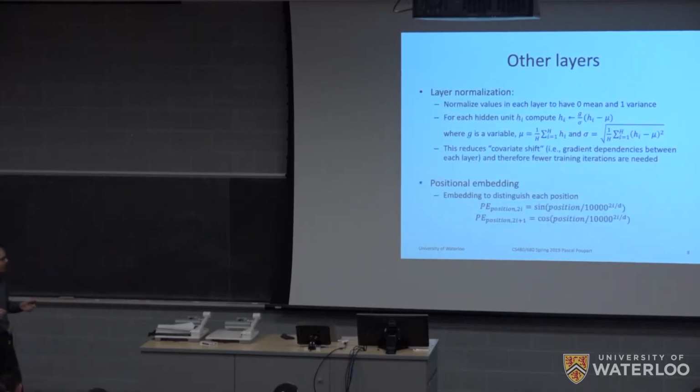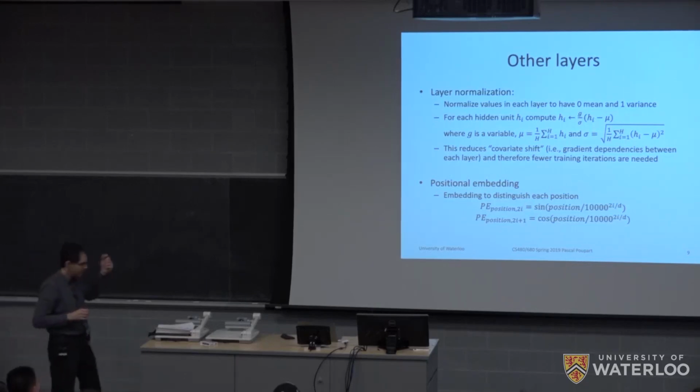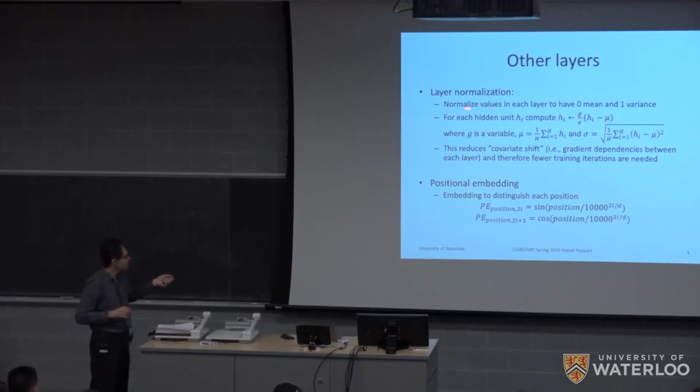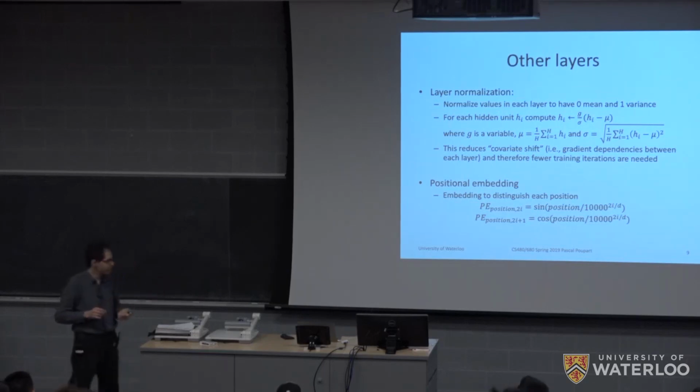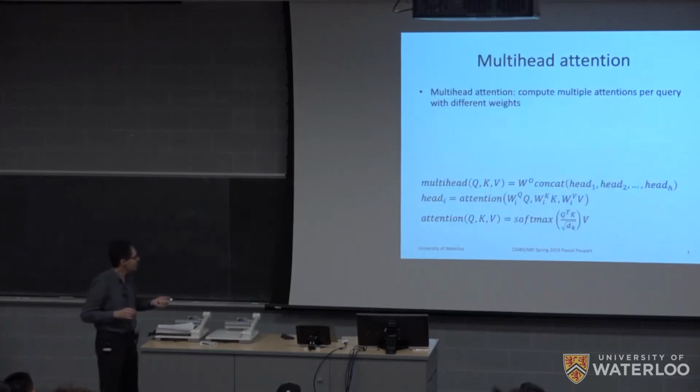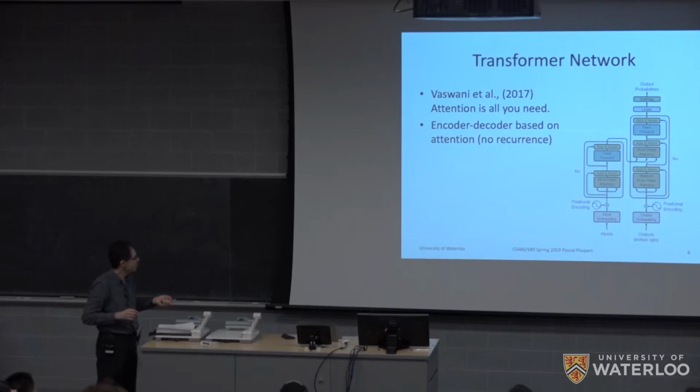Okay, so the other important layers are the normalization layer and also the positional embedding. So the normalization layer is actually quite important and quite interesting. It's this layer that we saw right here. So on top of every multi-head attention and feed-forward network, there's a normalization layer.